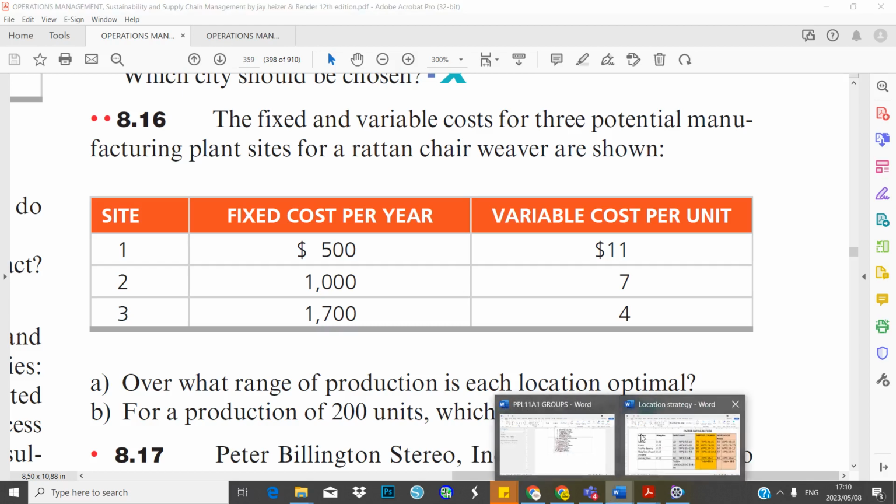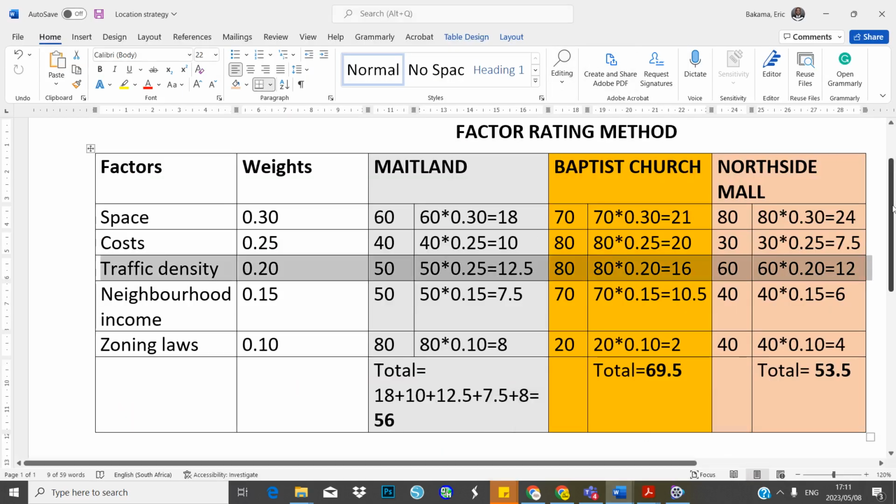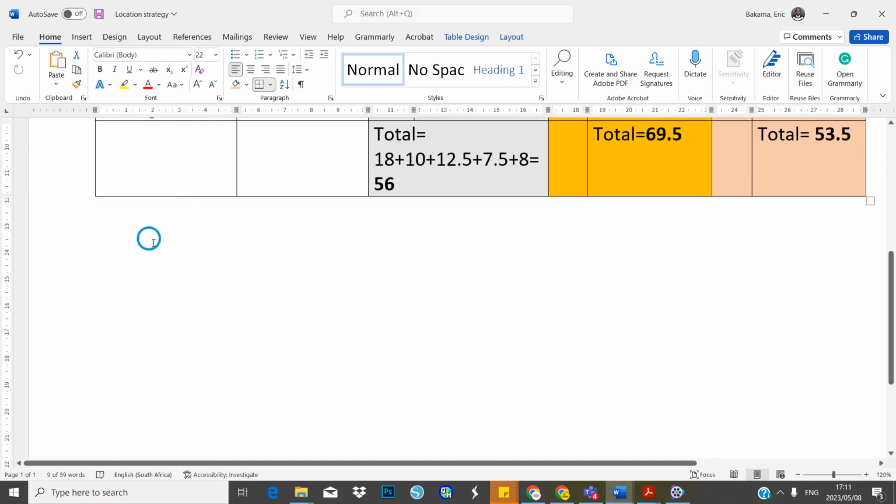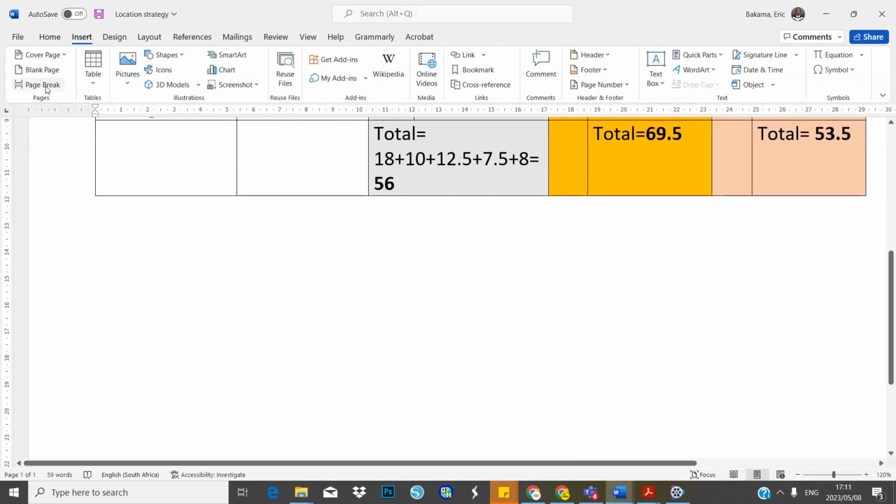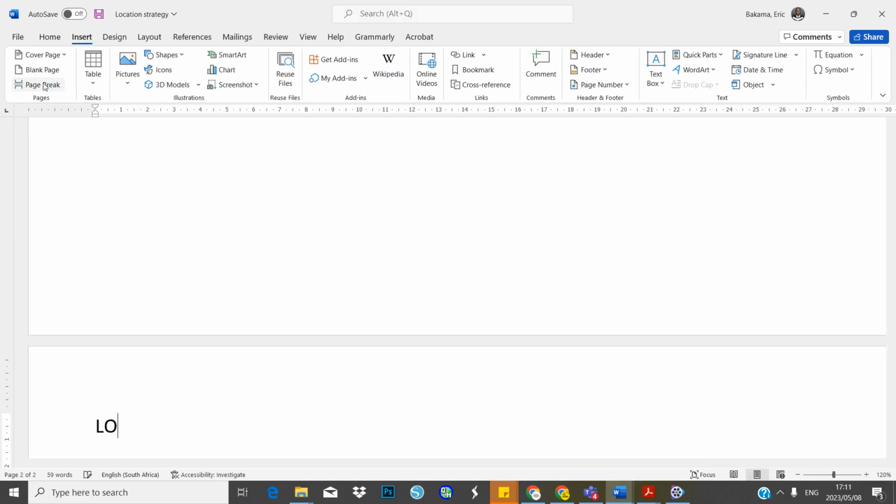Now, as we go back to this, I'm going to use the same sheet that we used for the previous exercise, but this one is location costs volume analysis.